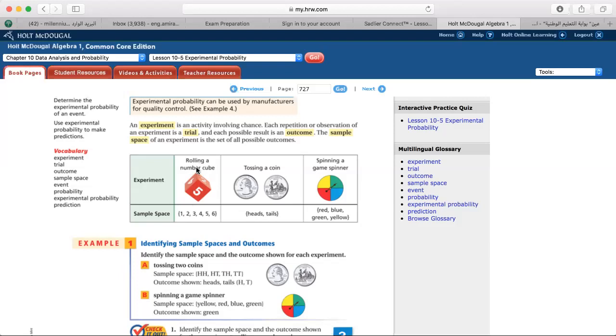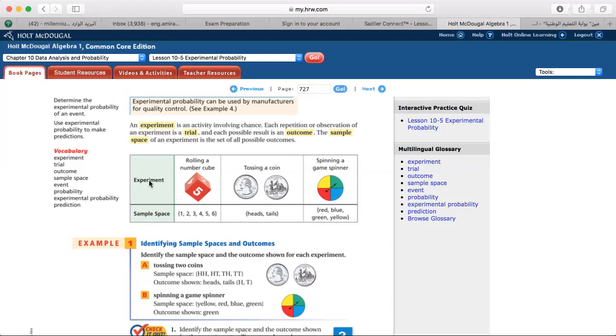So when I roll a number cube, the sample space, which is the set of all possible outcomes, will be numbers from 1 to 6, because the cube has 6 faces and each face has a number.